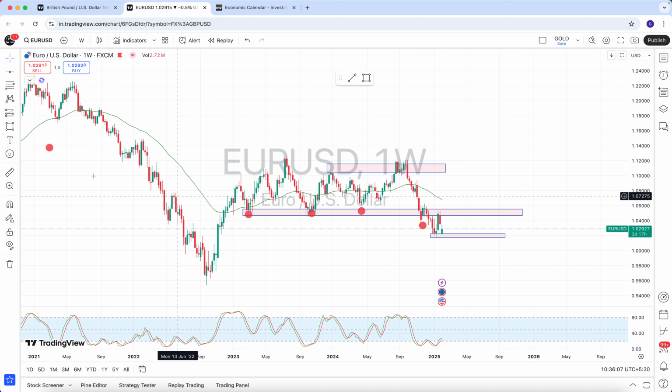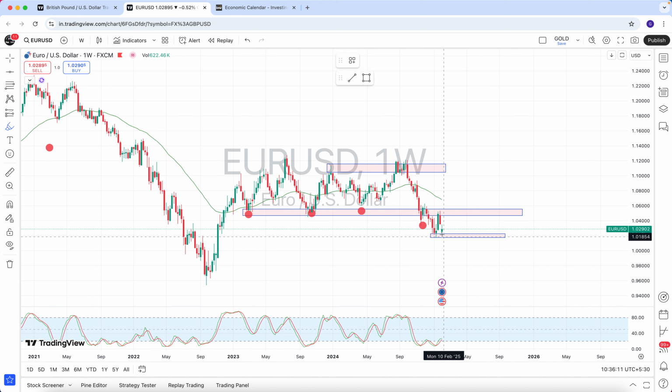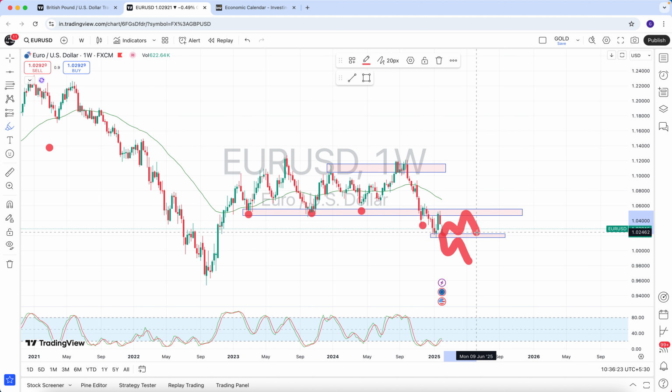In case it breaks this point and retests this, it goes down. In case it bounces from here, it will stay between this zone for a few weeks at least, I would say.